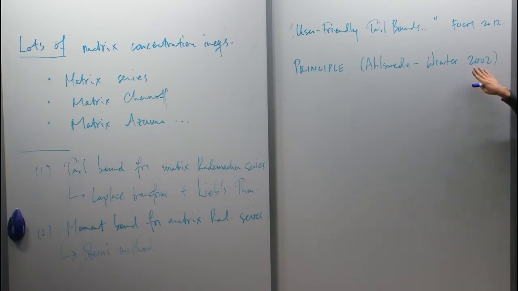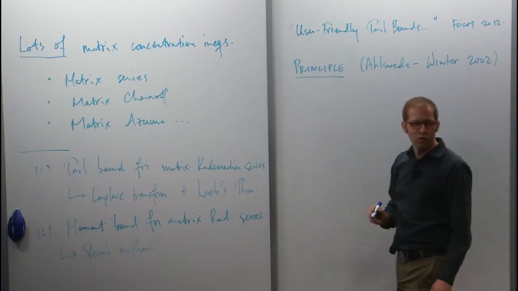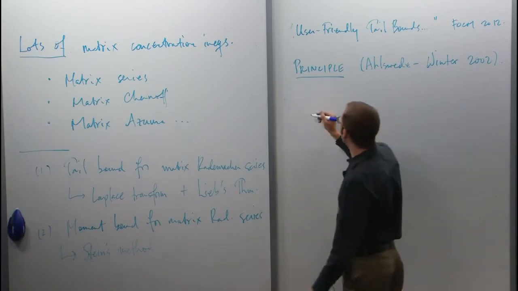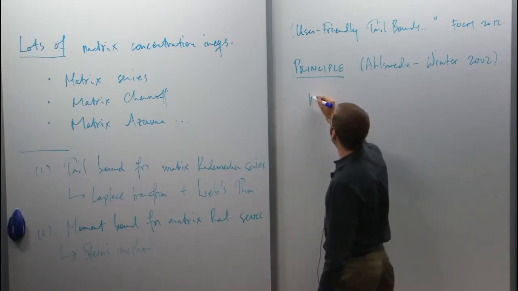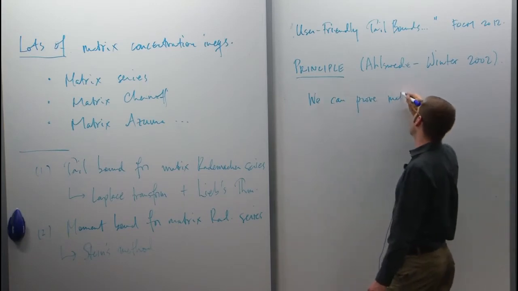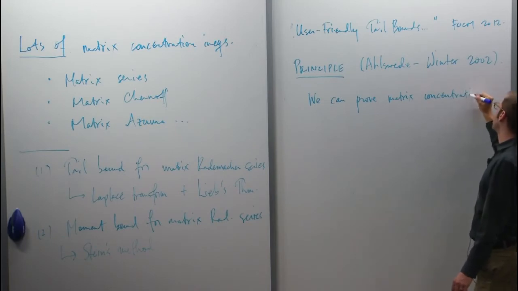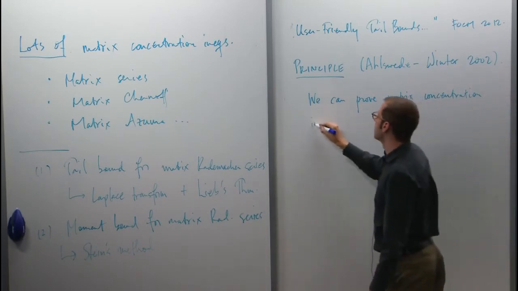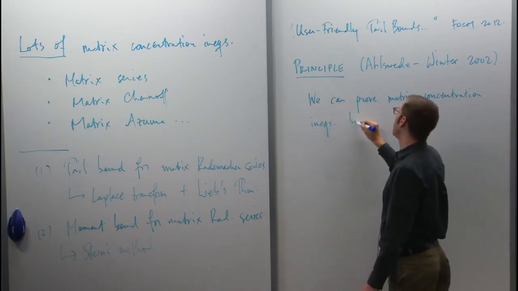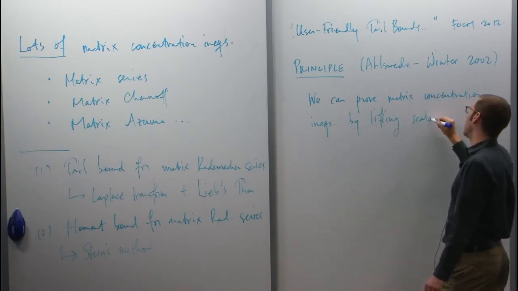And what I really think is powerful about their paper is not so much the particulars of their proof, but the idea that we can prove matrix concentration inequalities by lifting scalar concentration inequalities.